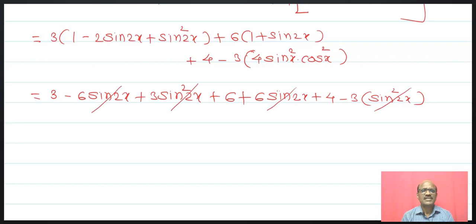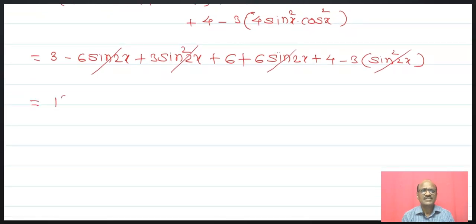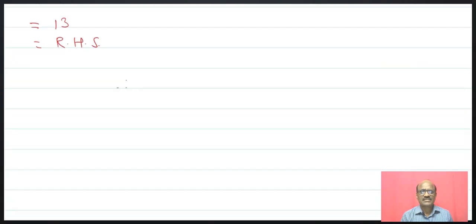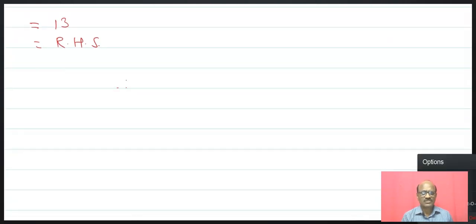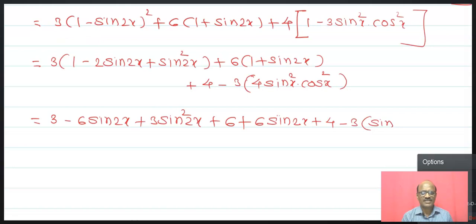These two terms get cancelled, and the result is equal to 13. Now we can again see this here. What is happening here? That is 6 plus 4, that is 10, and 10 plus 3, that is 13.